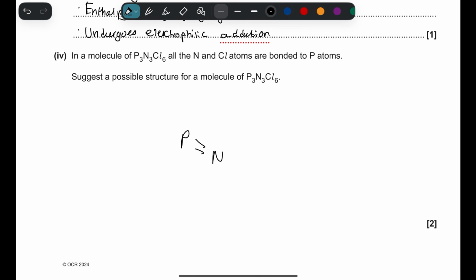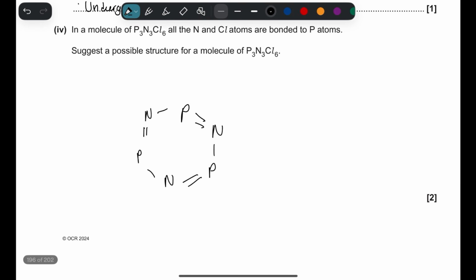So this is going to be nitrogen, then that's going to bond to phosphorus, that's going to bond to nitrogen, that's going to bond to phosphorus, and that's going to bond to nitrogen, which is going to bond to phosphorus. So not a perfect hexagon. We can see that the nitrogens are bonded to phosphorus. Yes, they are, all of them. And with the chlorine, if they're all going to be bonded to phosphorus as well, surely this makes the most sense.